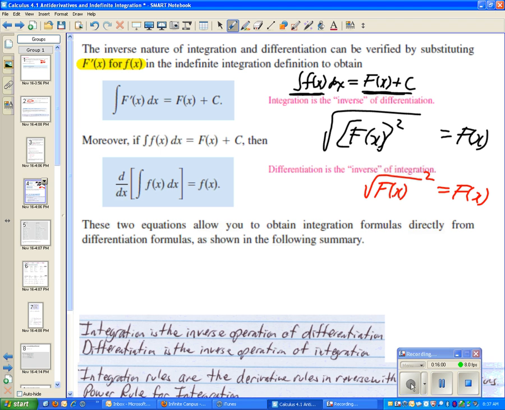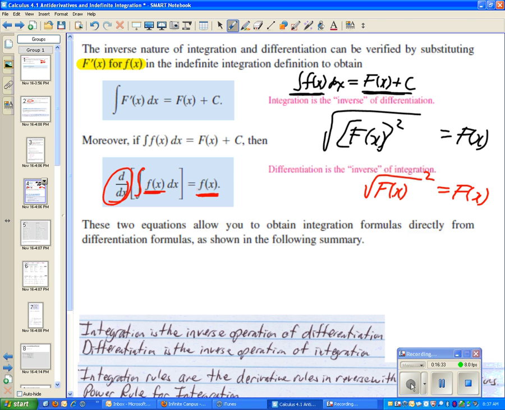So if I start with regular f of x, and I find its antiderivative, but then I take the derivative of the antiderivative, I end up back where I started.